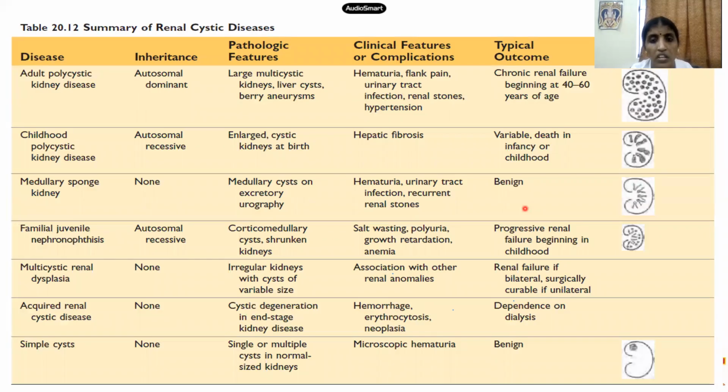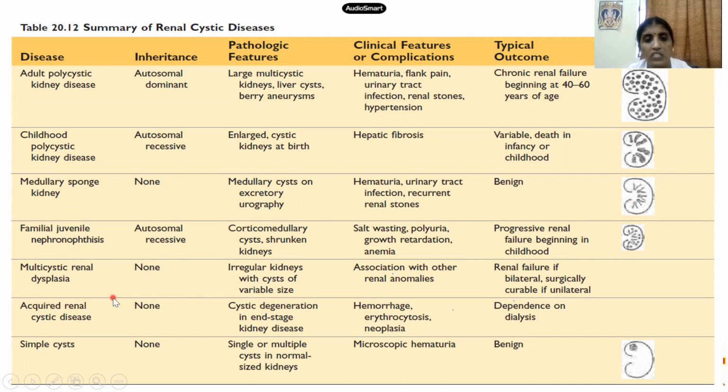So this is a summary of what is what. Adult polycystic kidney disease is also called autosomal dominant inheritance. Here you can see the outer surface and cut surface, both cortex and medulla, studded with cysts. Whereas in childhood, it is autosomal recessive inheritance. You can see fusiform, radiating type of cysts involving the medullary region. In medullary sponge kidney, you can see cysts at the tip of the renal papillae, whereas in nephronophthisis you can find cysts at the corticomedullary junction.